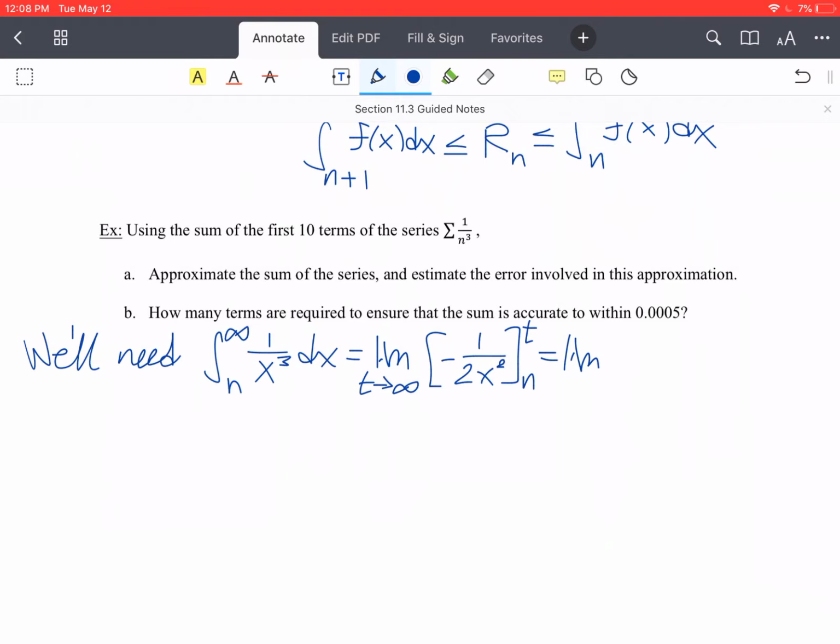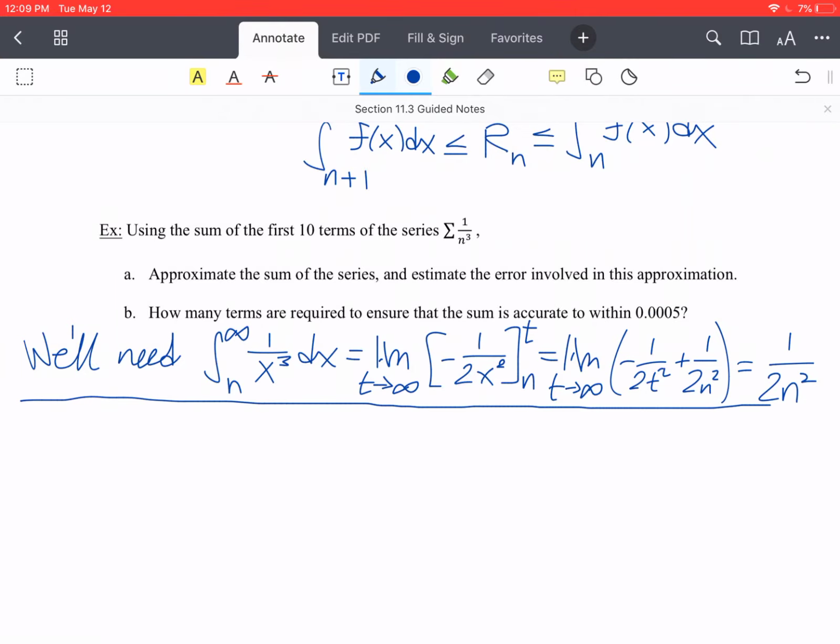So that is the limit as t approaches infinity of negative 1 over 2t squared plus 1 over 2n squared. As t goes to infinity, this term goes to 0, and this term is unaffected because it has no t's in it. So that first term turns into a 0, so this is 1 over 2n squared. The value of this improper integral is 1 over 2n squared for whatever the value of n is. That's going to be helpful when we're running these calculations in just a minute.